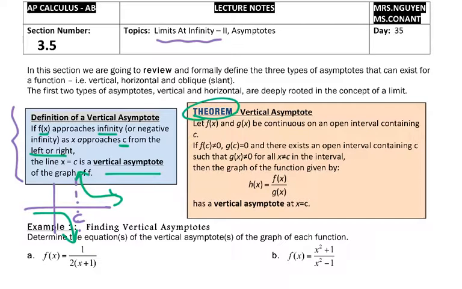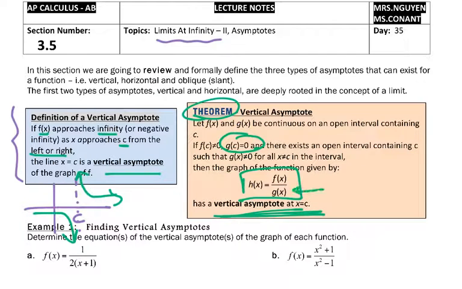An important theorem: vertical asymptotes exist when, if this is your function, g of c equals 0. So you have a vertical asymptote at x equals c when g of c is 0.